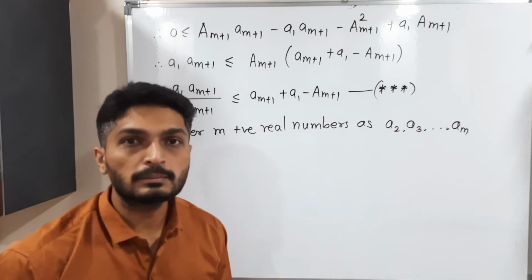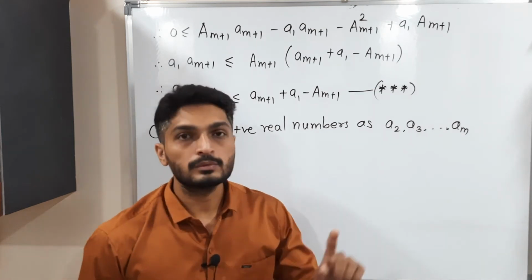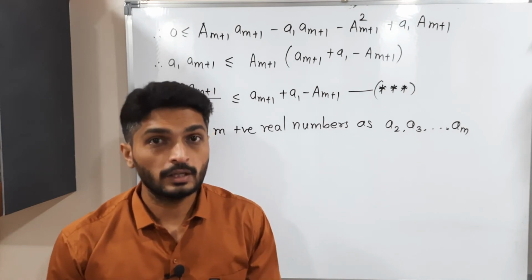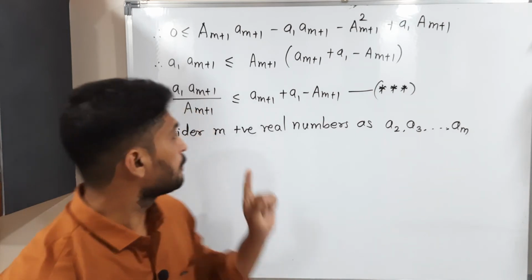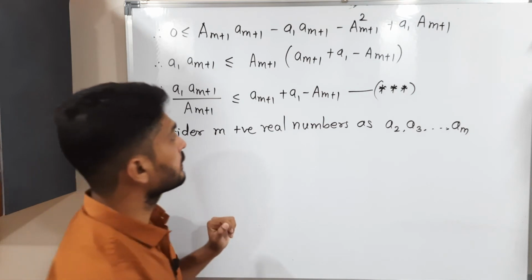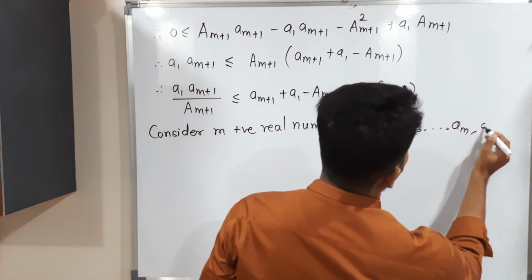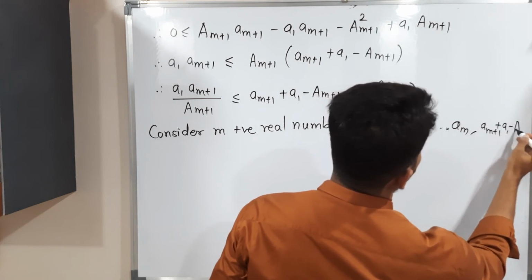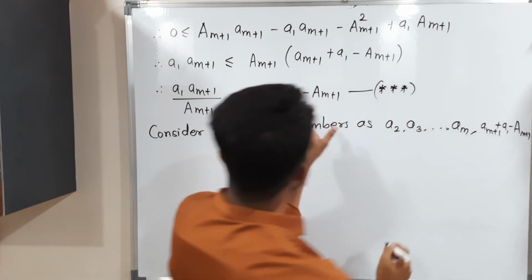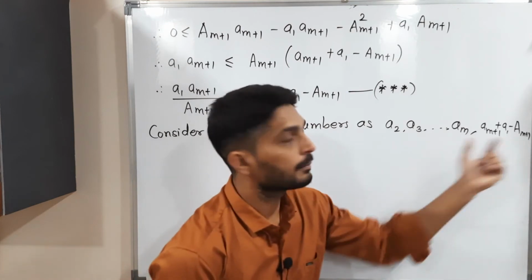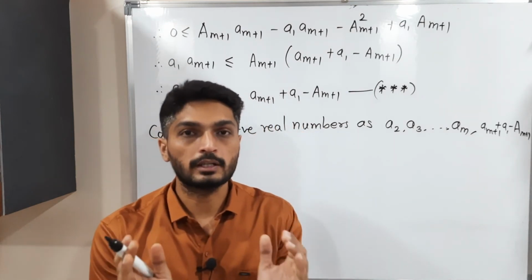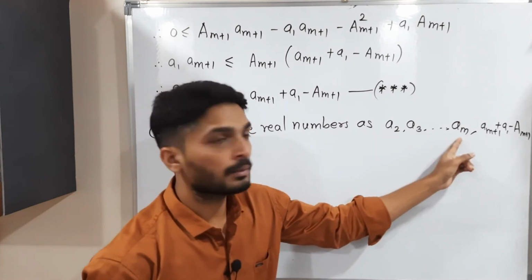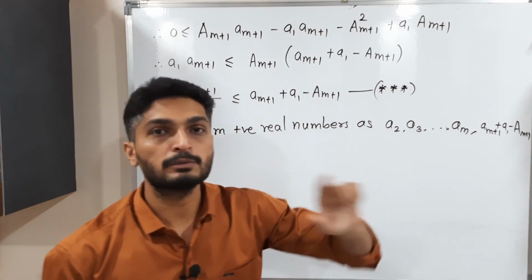How many real numbers are there? a2, a3, up to a(m). So there are total m minus 1 real numbers, since a1 I have not considered there. So one more number is required for having m positive real numbers. So that real number I am going to take A(m+1) plus a1 minus a(m+1). See, this is positive, this is a completely last positive real number I am going to take. So how many real numbers do we have? These m minus 1 real numbers plus this one real number, that means total m real numbers.